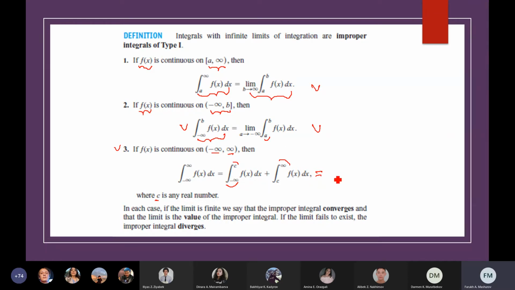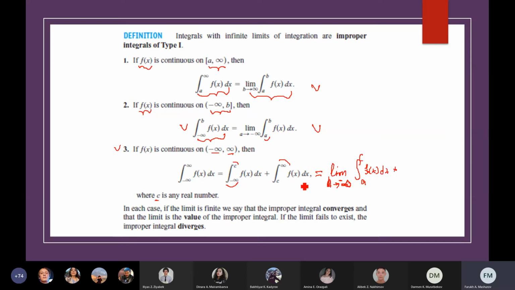This one will be what, guys? The limit, here c, here a approaches minus infinity. Here I just changed minus infinity by a, so it is from a up to c of f of x dx.